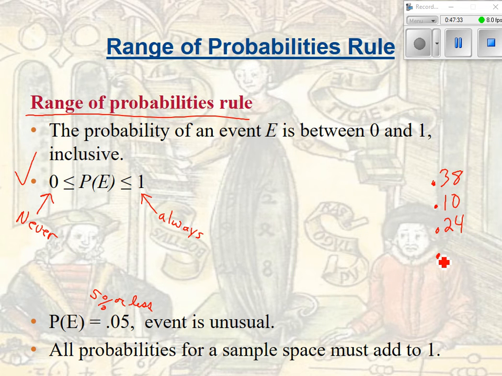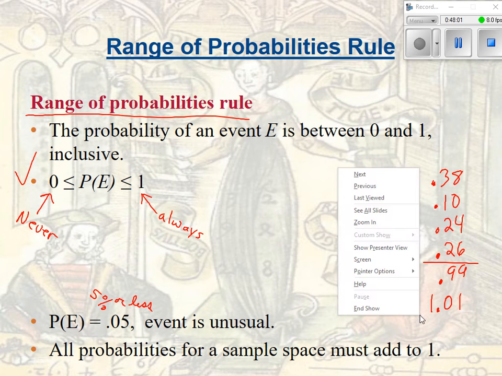Probability of getting a yellow M&M was 0.26. And we go to add them all up, and they don't add up quite to 1 whole. That just means we probably rounded somewhere a little wrong. So we should be somewhere close to 1. So if you're like 0.99 or if you're at 1.01, something like that, you're probably okay. But they should add up to 1 whole.